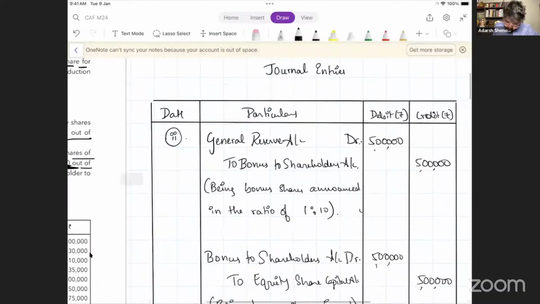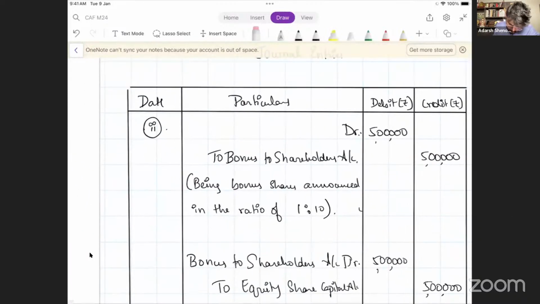One lakh. Okay. Journal entries. Draw the format.